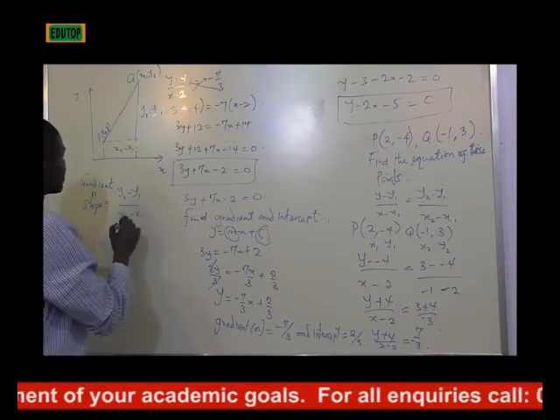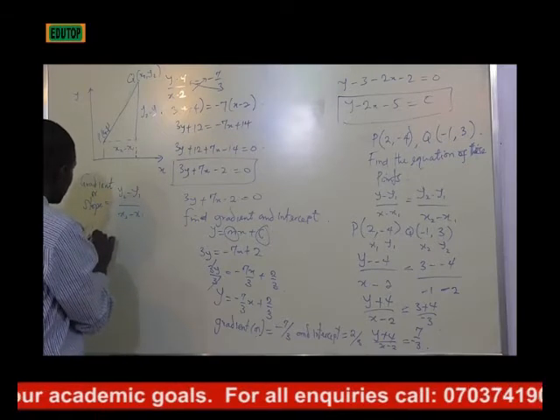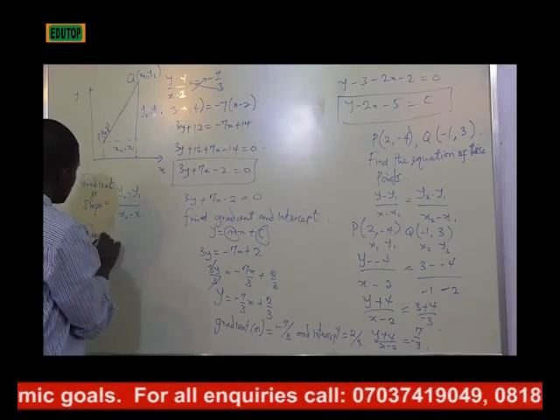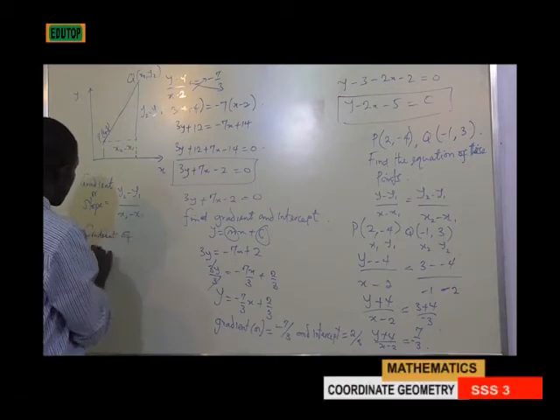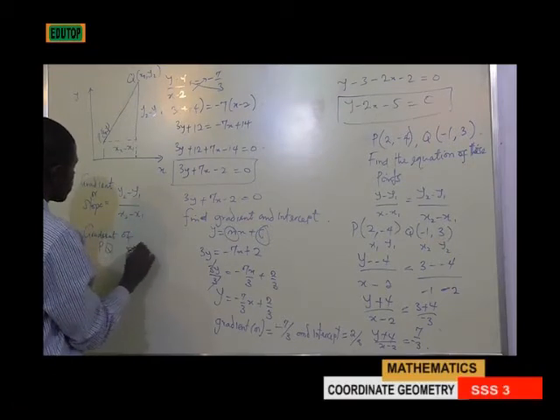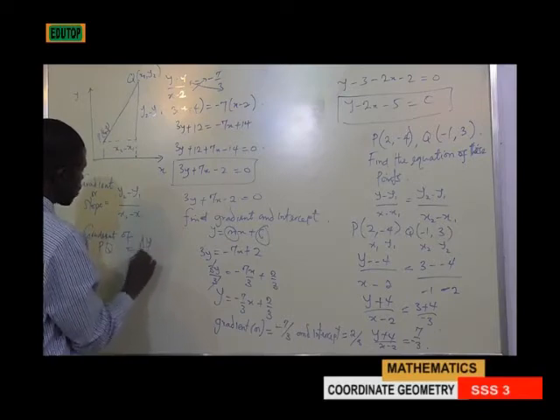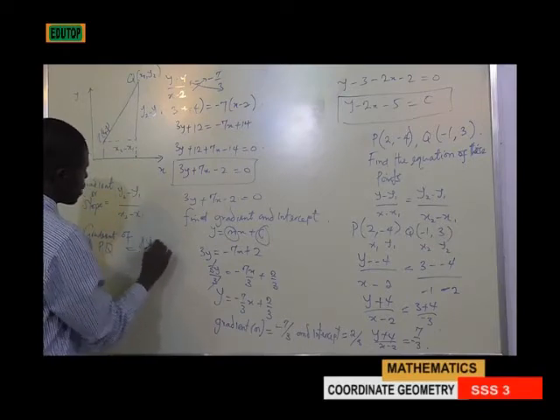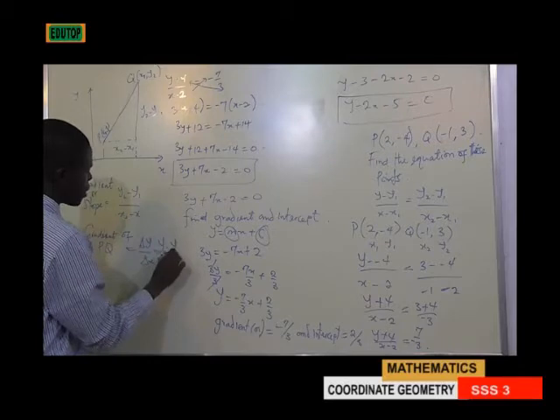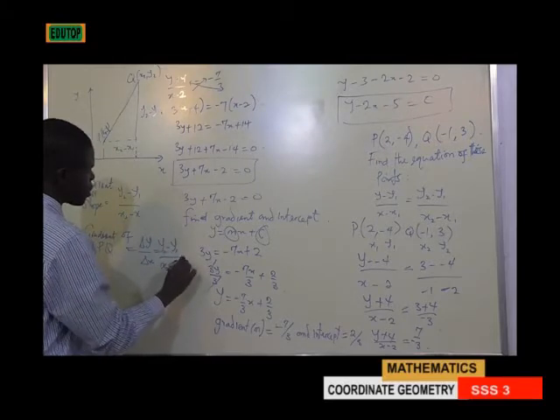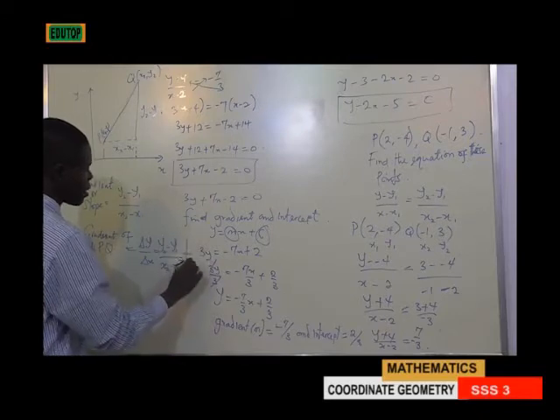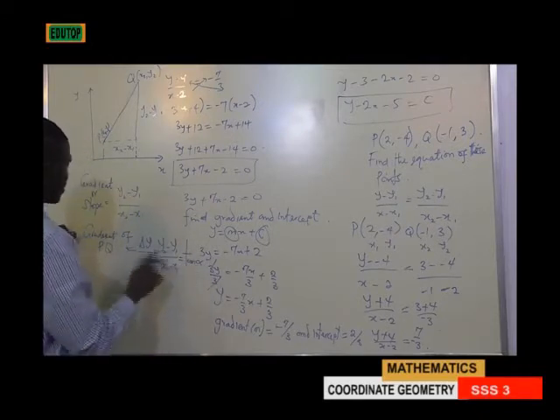And this same gradient of PQ, which is change in y over change in x, is also the same thing as y2 minus y1 over x2 minus x1, which is equal to tan alpha. You can see a scenario.